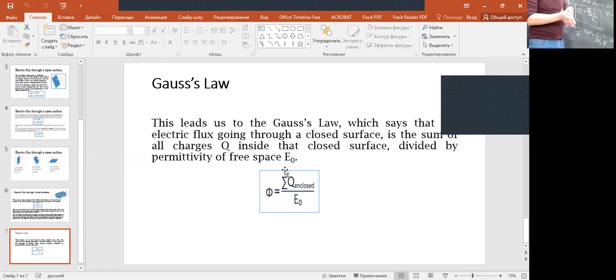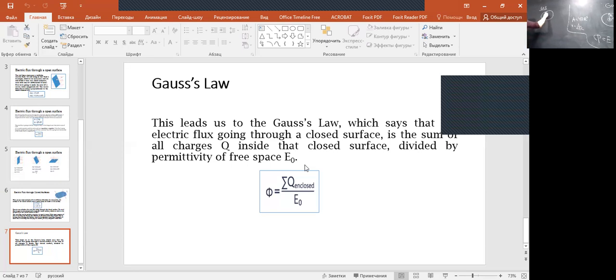For example, this is example number 2. We have a surface, a sphere, which is a closed surface.